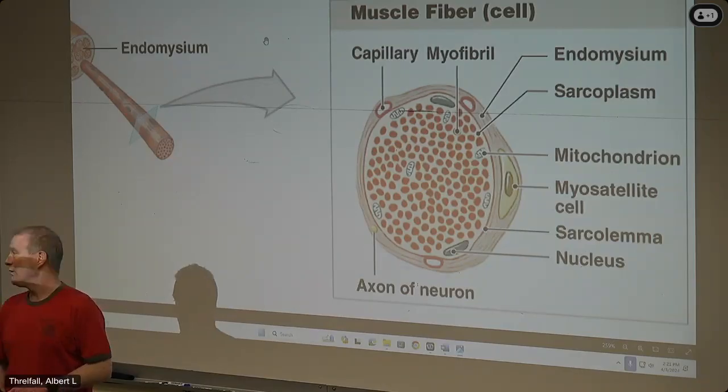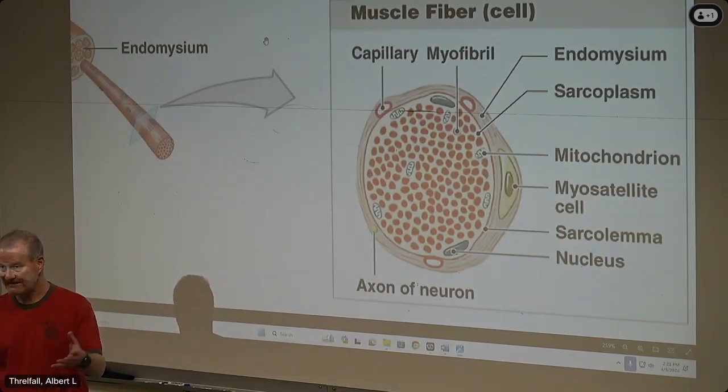Now, I don't know when or where you took biology, but when I took biology in middle school, high school, and college, last semester I took Biology 111, I learned that the outer boundary of any animal cell was a cell membrane. The outer boundary of this muscle cell is the endomysium.